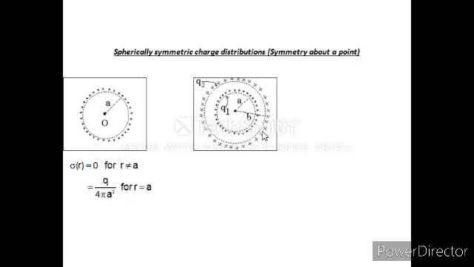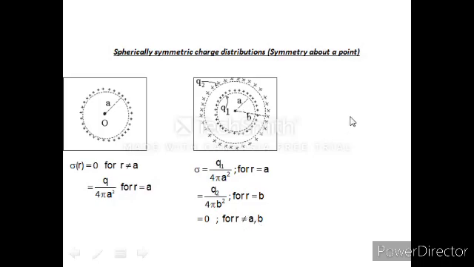Let's express that in the form of equation. For R equal to A, on this sphere the charge is equally distributed, Q1 charge, so the charge density is Q1 by this area. For R equal to B, again charge is equally distributed, so it's Q2 by 4 pi B square. And for any other value of R, the charge density is 0.